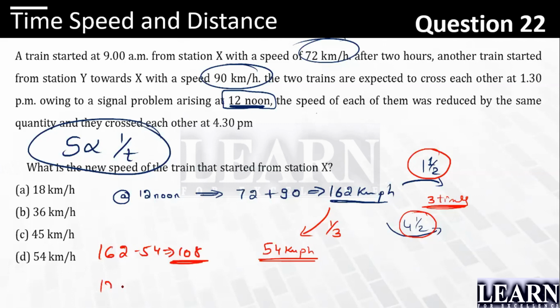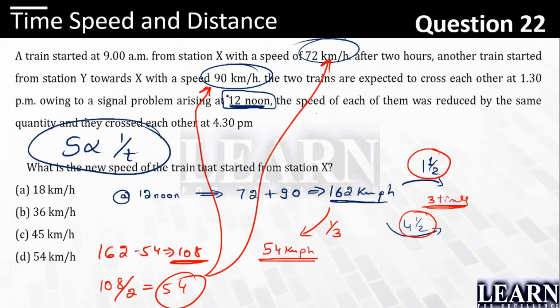So 108 divided by 2 is again 54. So subtract 54 from both the speeds. They ask what is the speed of the vehicle which was traveling from station X. Station X is this one. So the answer is 72 minus 54, which is nothing but 18. I hope it is clear in this case.